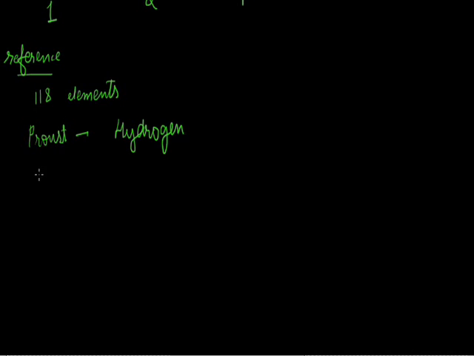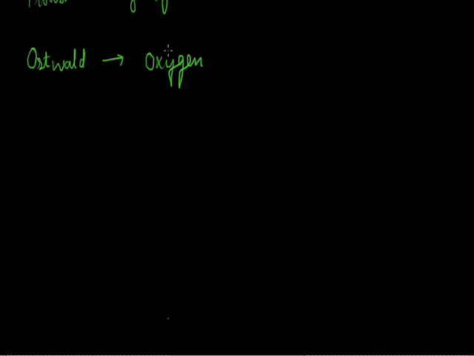After that came Ostwald, and he used oxygen as reference, but it was also not appropriate. So it was rejected, and in present time we use the mass of carbon as a reference.